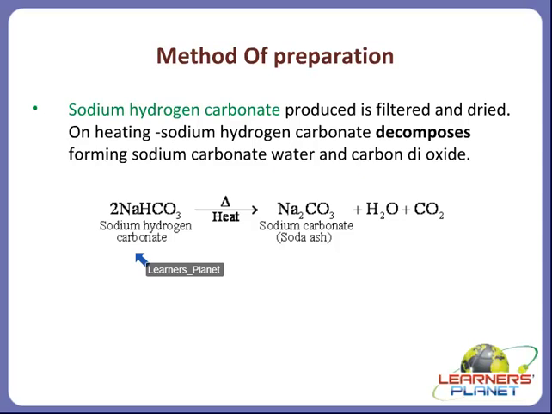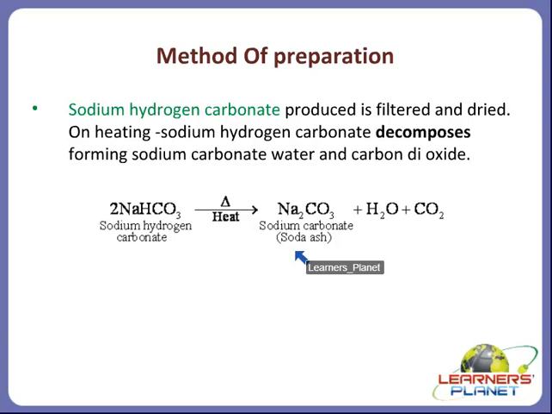So the sodium hydrogen carbonate is decomposed into sodium carbonate, water and carbon dioxide. Right? The sodium carbonate formed is called soda ash. This is not our washing soda, remember.